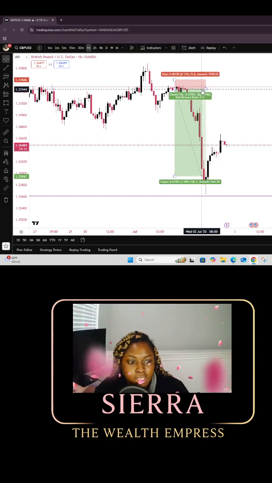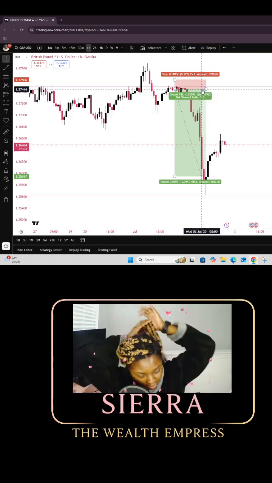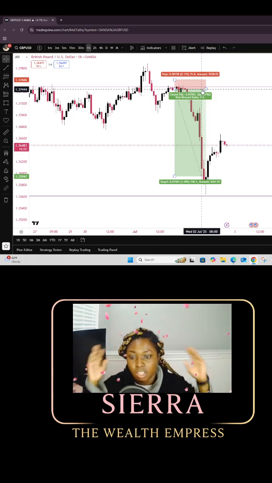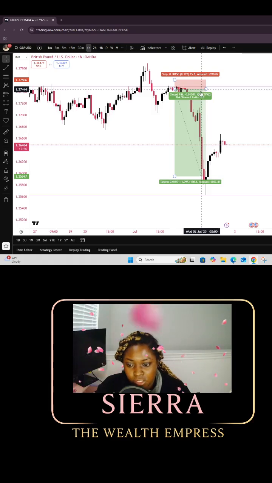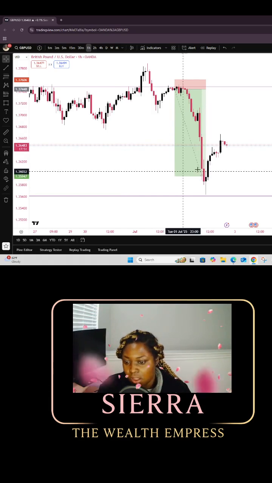And depending on your lot size, 0.01 is 10 cents. So what's that? $1.50. 1.0 is $1. That's $15. And then a standard lot, which is $10, that would have been $150 risk to gain 150 pips.